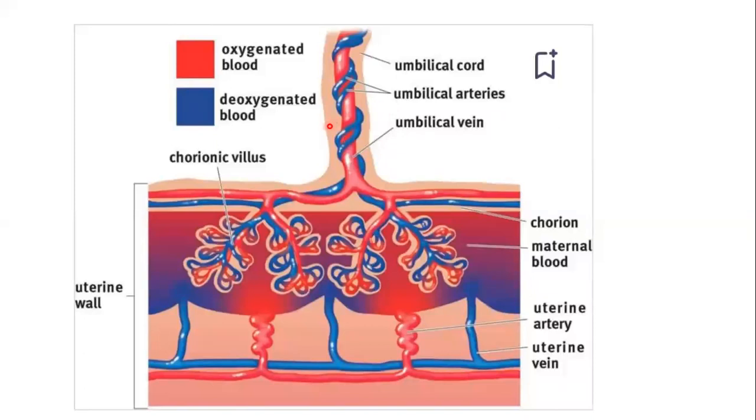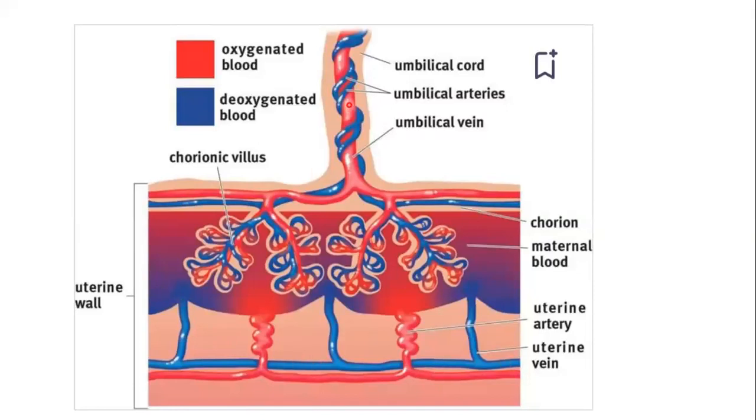This is the umbilical cord containing the umbilical vessels going into the placenta. And this is the maternal side.